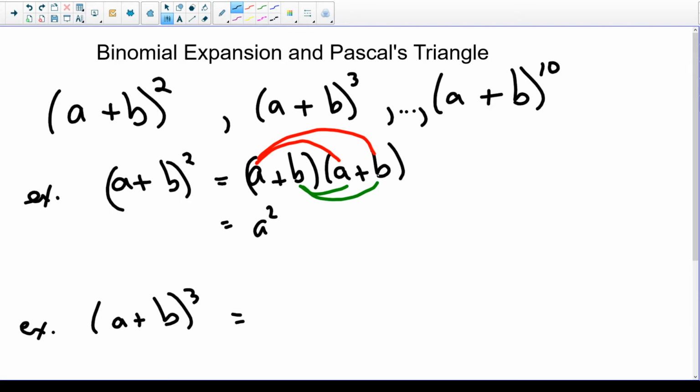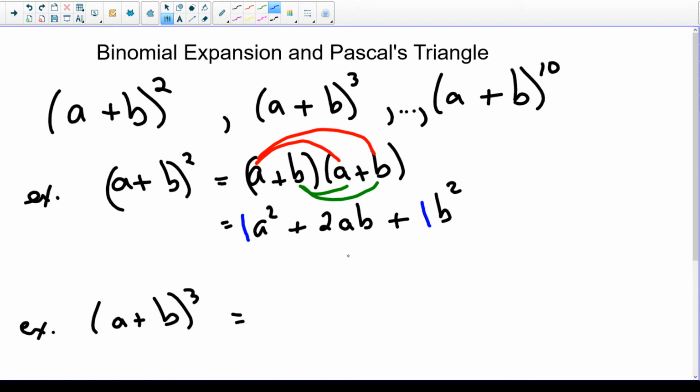A times b and b times a are the exact same term twice. So there's going to be two ab's, and then b times b is b squared. Stuff you've been doing for quite a while. I am going to put the coefficient of 1 in front of both the a squared term and the b squared term, and you're going to see why later.